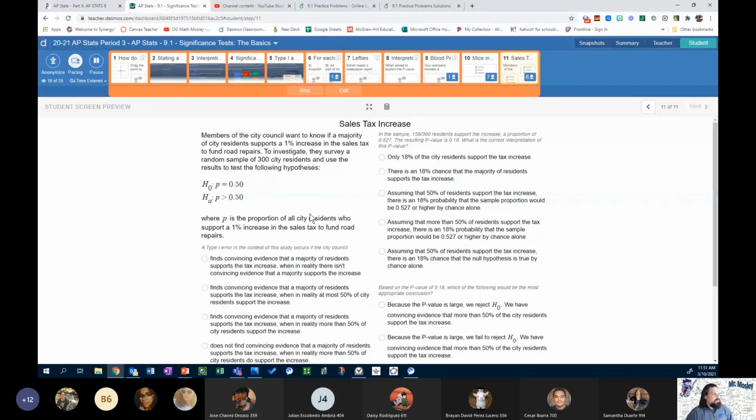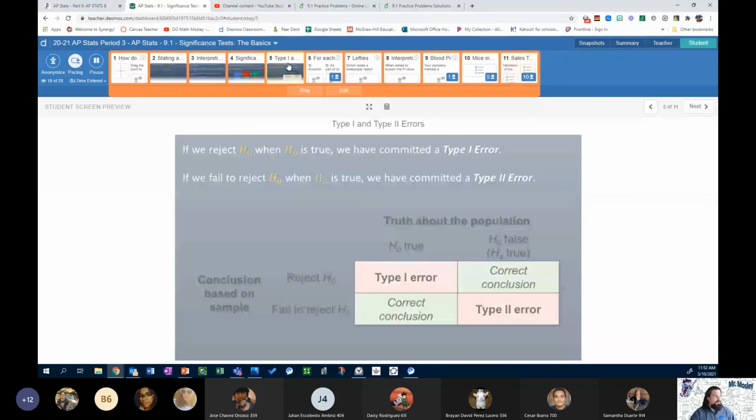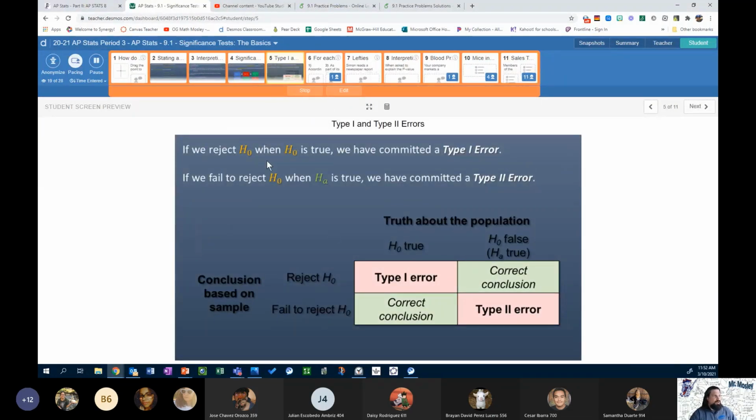Now here, a type 1 error in the context of this study occurs if the city council, right? Remember, a type 1 error, we look back at our screen 5, is when we reject the null hypothesis when it should be considered true, which means we would say that there's support, more than 50% of the people support this tax increase, when in reality, we don't have that evidence.